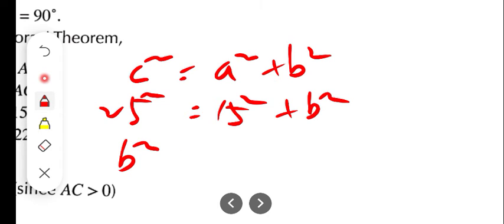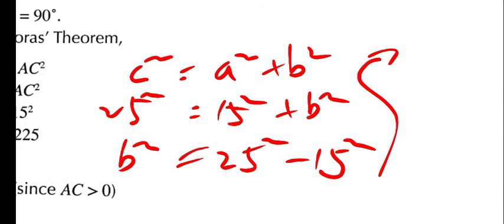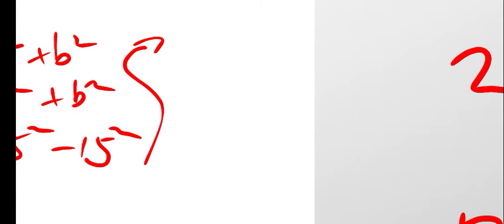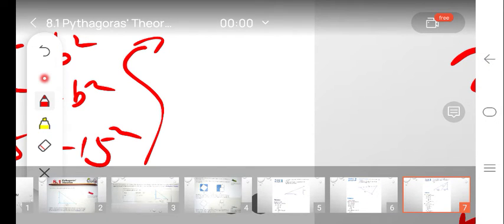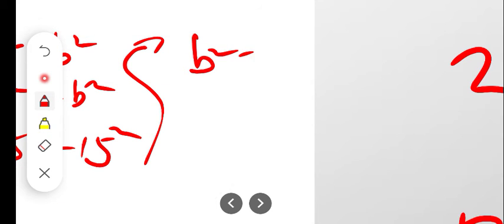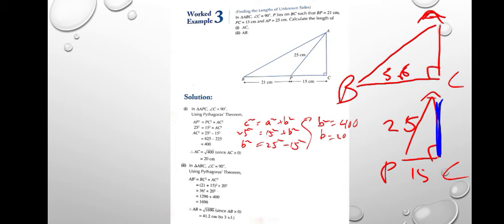B square equals 25 square minus 15 square. So that means b square equals 400, b equals 20.